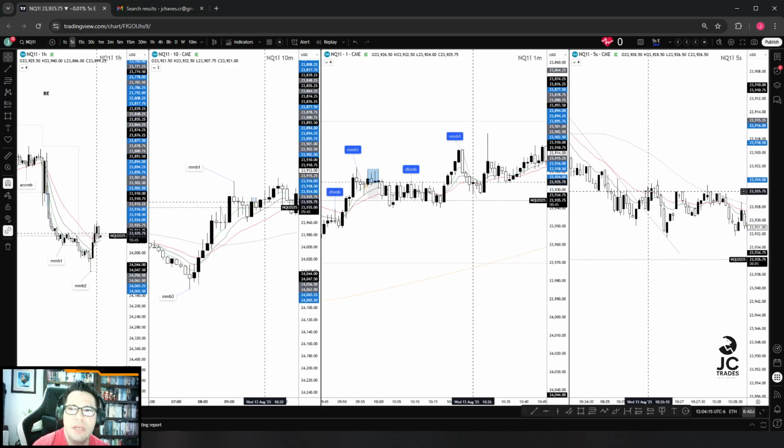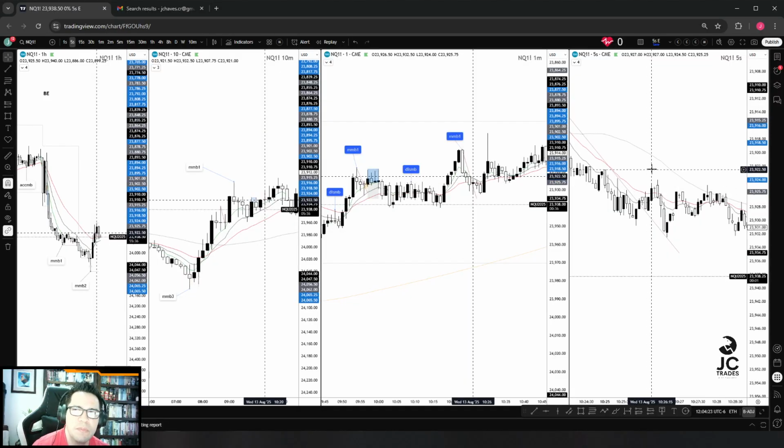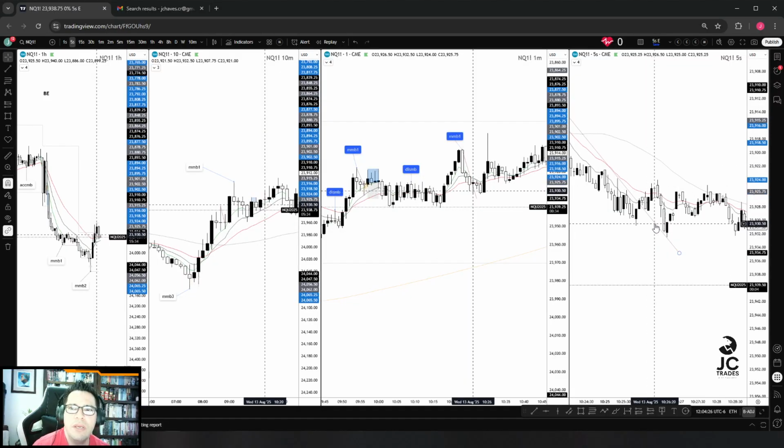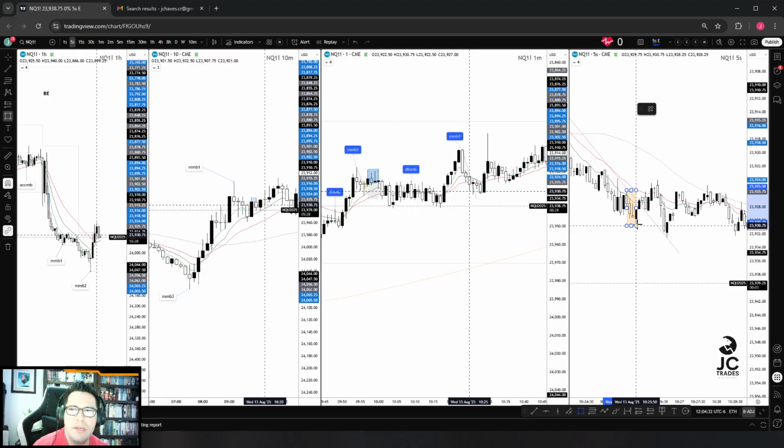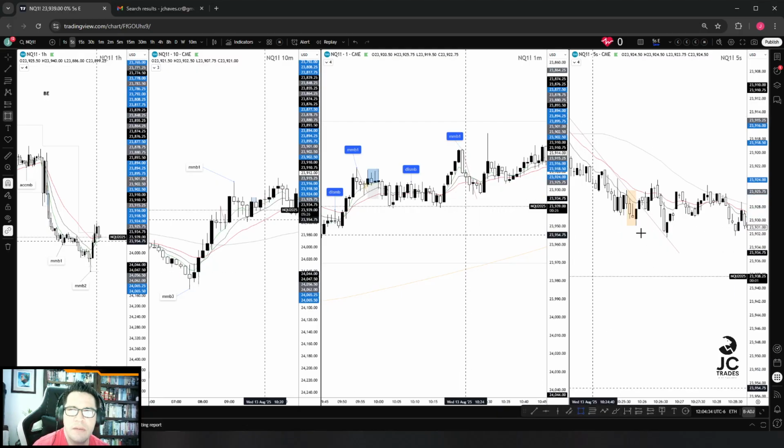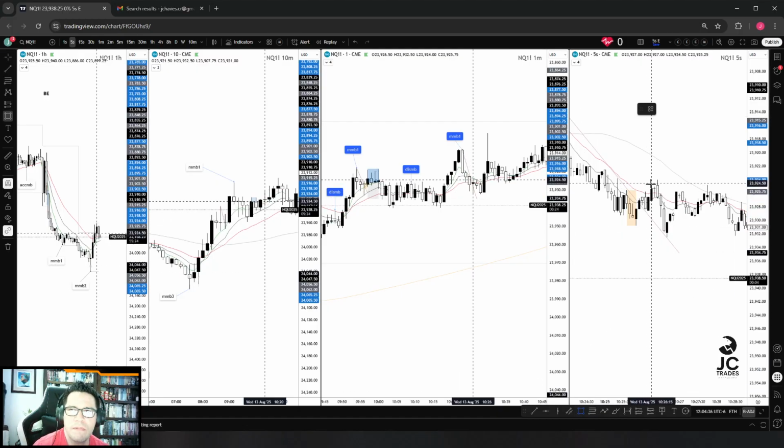This one here through this high wouldn't be fully valid for me, as I was just at the EMA, and normally we want to be above. If we consider this other high, so if we take a look at this MMB and this other MMB, which would maybe be this one here, you could argue that there was some sort of entry.